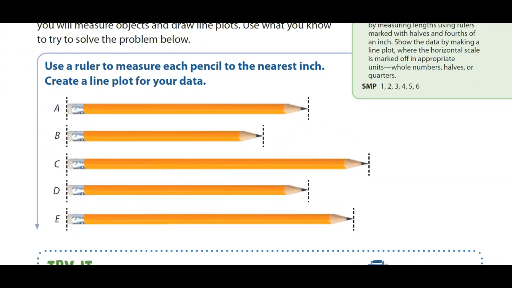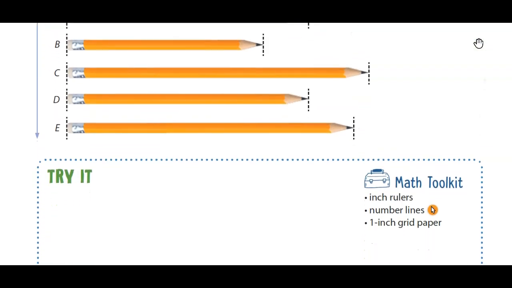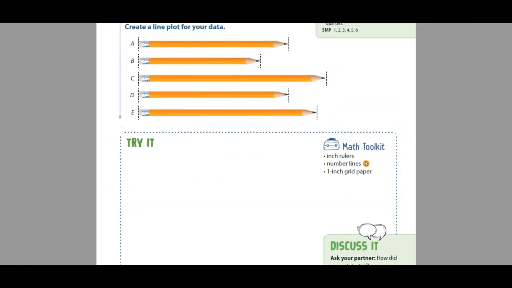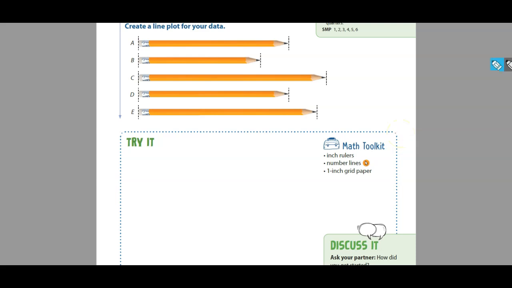So it says use a ruler to measure each pencil to the nearest inch. Create a line plot of your data. So something like this. You start with a line plot like this.